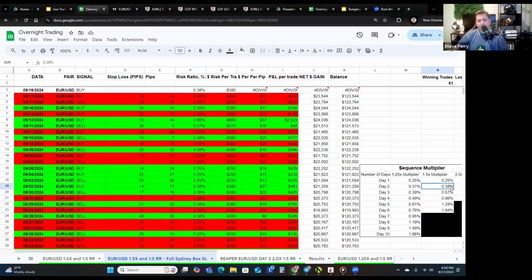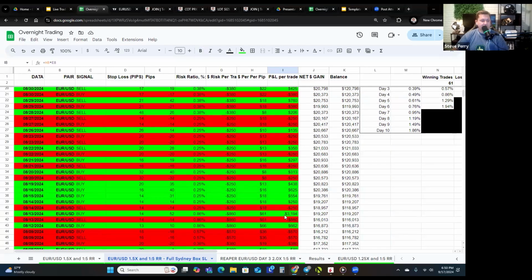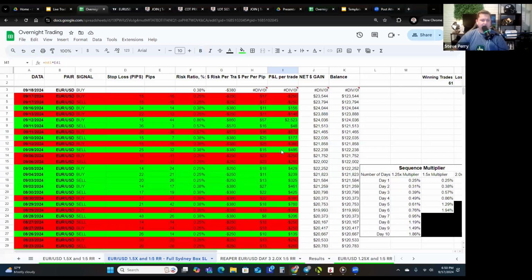As you can see right here, I'm on multiplier step 2, or 1.5 multiplier. But look at the wins here, guys. This is the big win right here on September 12th. The last major multi-thousand-dollar win I had was August 13th. That's actually a pretty big stretch.